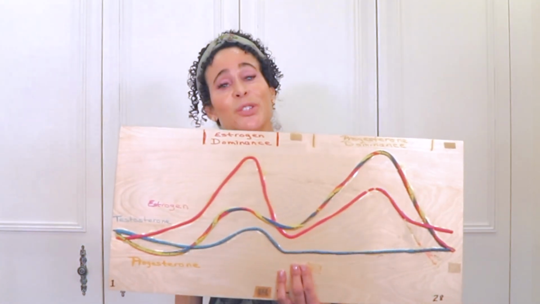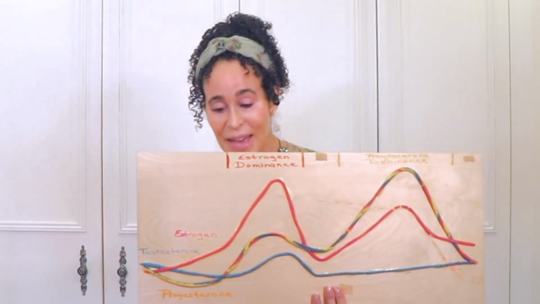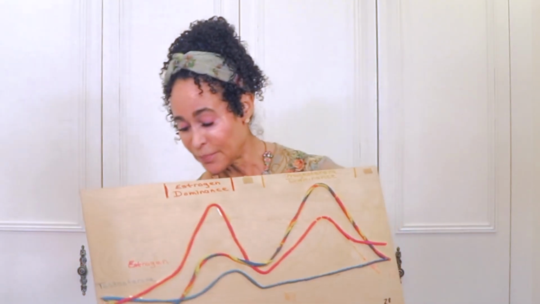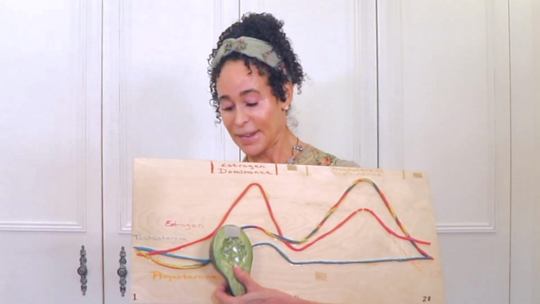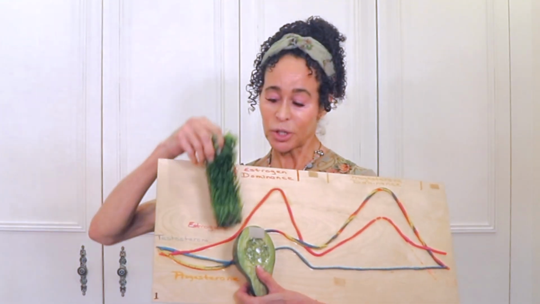And every menstrual cycle you have has two parts. Estrogen rises in the first half of your cycle. Well, estrogen makes the lining in your uterus get thick, like this. You can think of the lining in your uterus as grass. Well, estrogen is like fertilizer for the grass. It makes the grass grow.